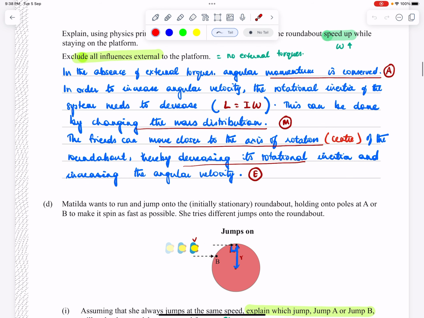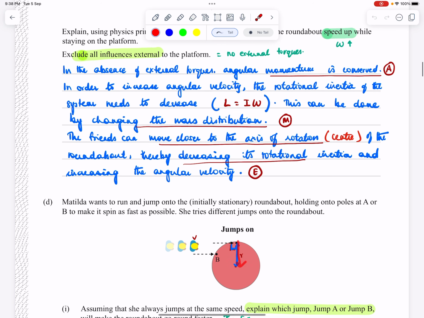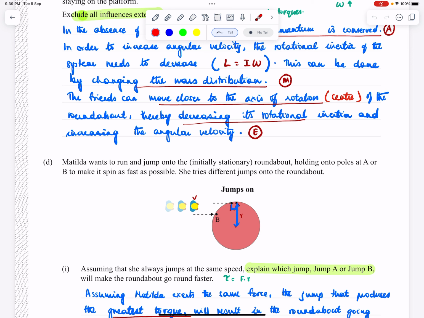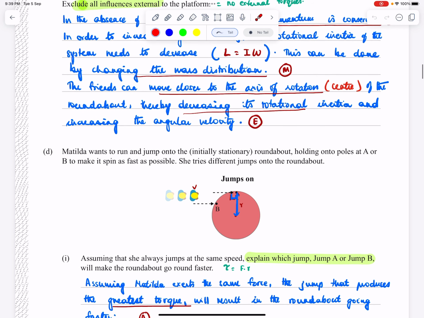Now, in order to make it go as fast as possible, you want maximum torque. Okay, and you know that torque is force multiplied by distance, but this distance is the perpendicular distance. So, assuming that she always jumps at the same speed, explain which jump, A or B, will make the roundabout go faster.